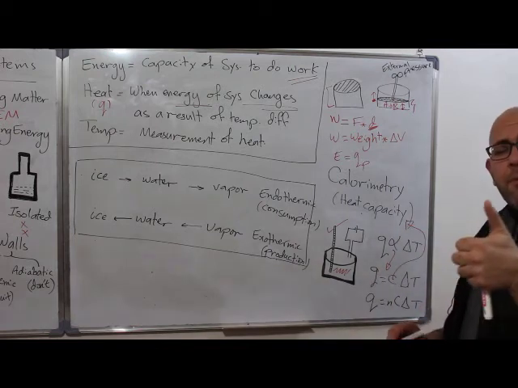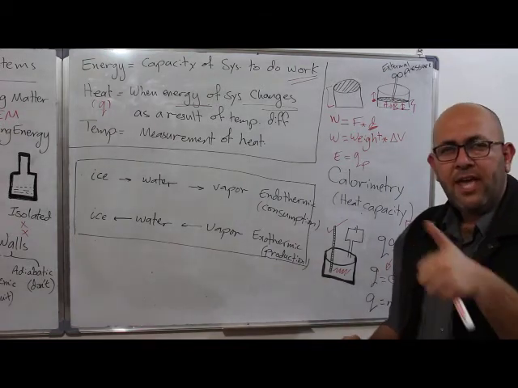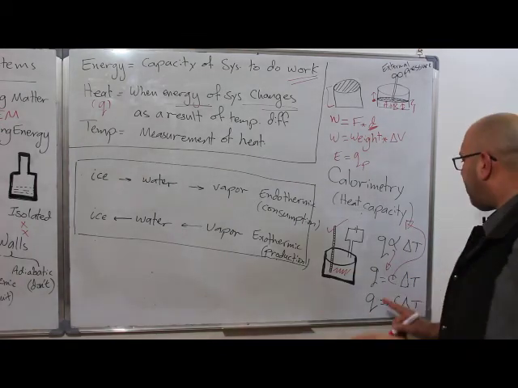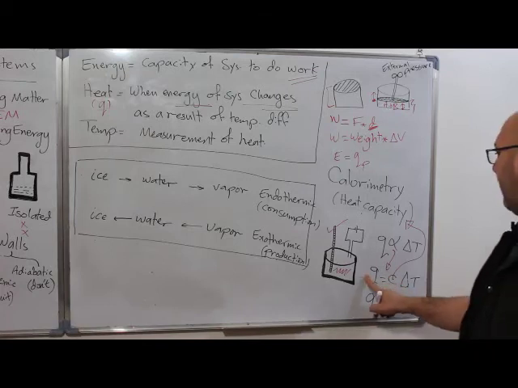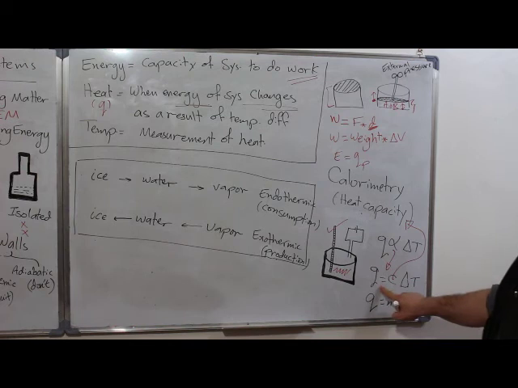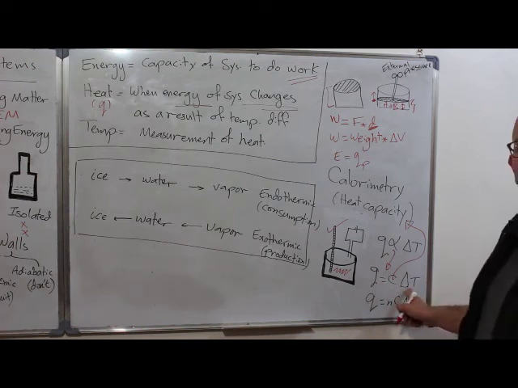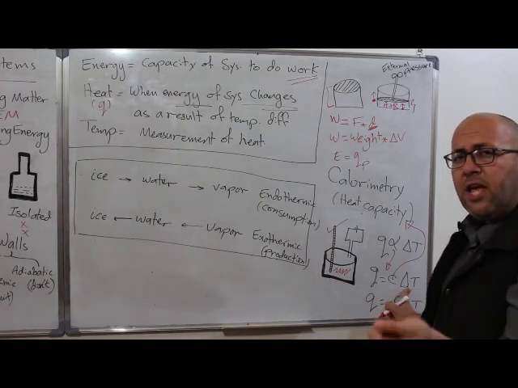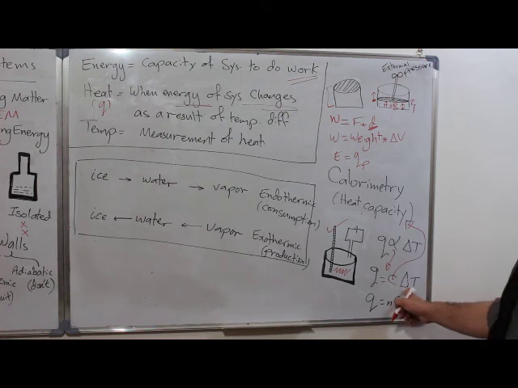It's like a fingerprint of each material. Each material is indicated by its own heat capacity. So as a result, heat as energy is equal to heat capacity times change of temperature. And also, we could deal with it by the molar heat capacity.